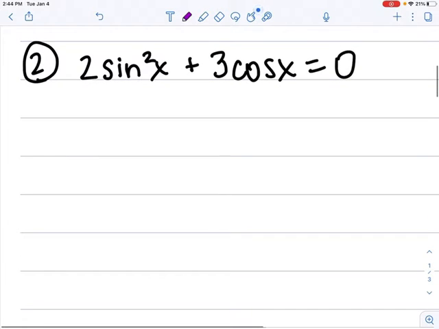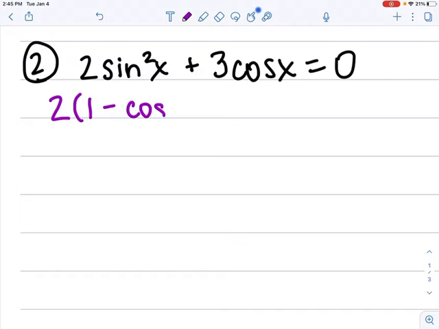So here, this one mixes in a couple of the things that I just said. Notice how we don't have a single trig function, so we can't just solve for it. It is quadratic, but darn it, we have sine squared and we have cosine. That's strange. Well, the good news is sine squared can be changed using our Pythagorean identity so that at least we have the same trig function throughout our entire equation.